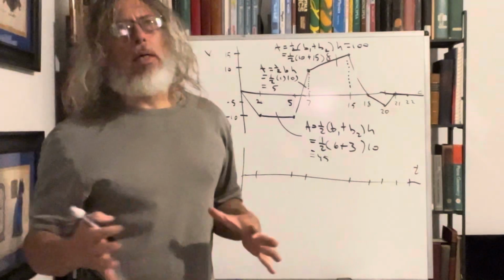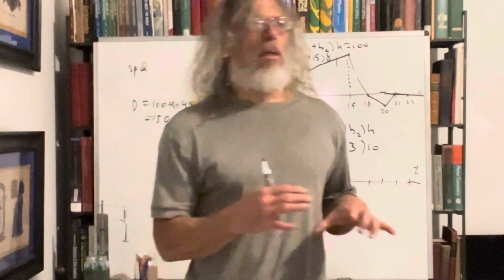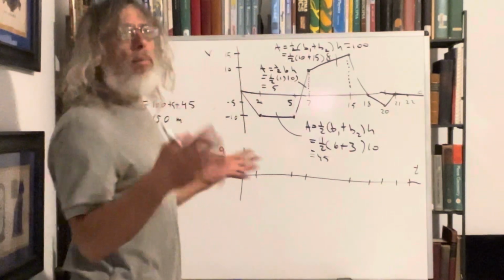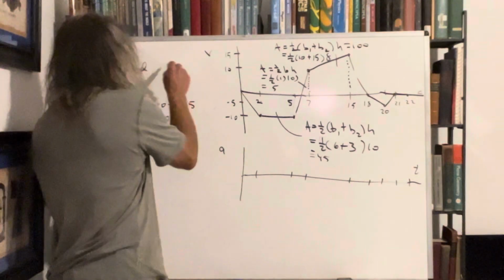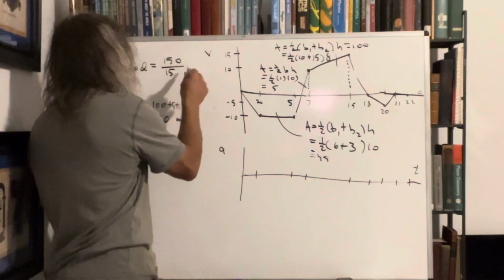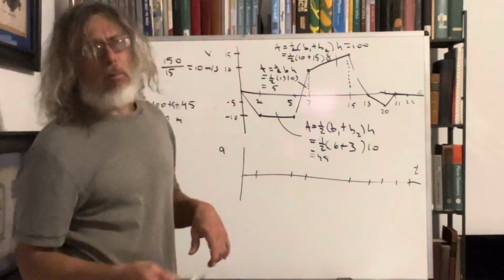So here again, we're getting to see the difference between distance and displacement, speed and velocity, to see what it means. So the average speed would be 150 in 15 seconds. So it'd be 10 meters per second. Okay.